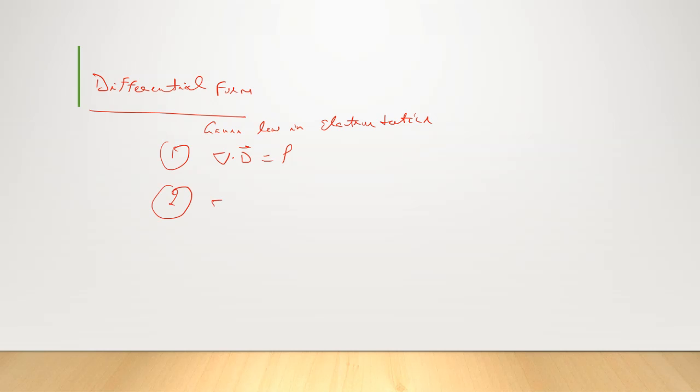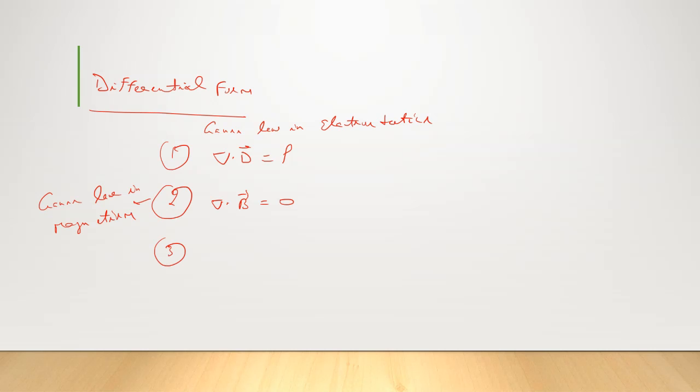The second Maxwell equation is del dot B equals 0. This is also known as Gauss law in magnetism.